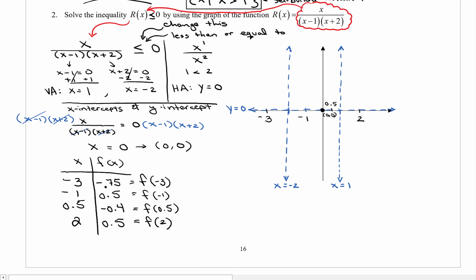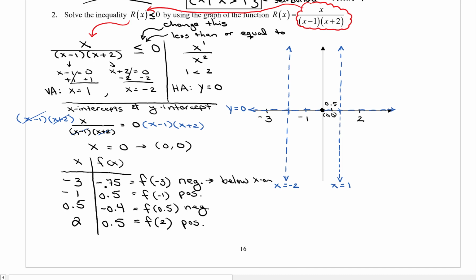-0.4 and 0.5. Now the sign of the number matters, whether it's positive or negative, because that tells us whether the point's going to be above the x-axis or below. The first one's negative, second one's positive, third one's negative, last one's positive. This tells me when it's negative, it's going to be below the x-axis.